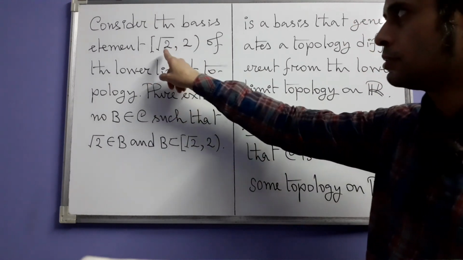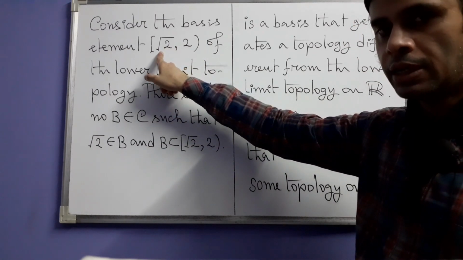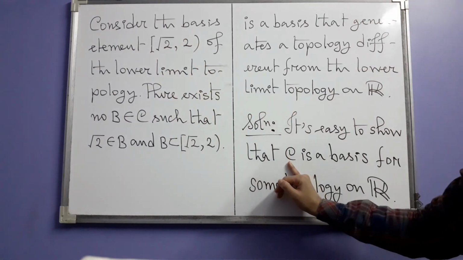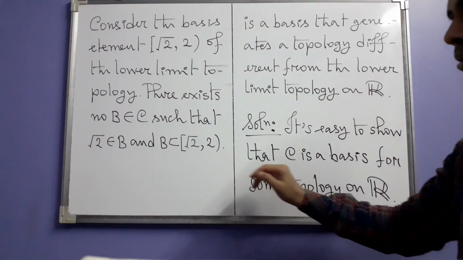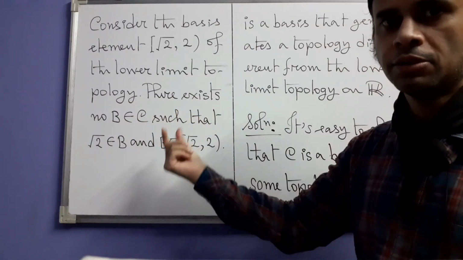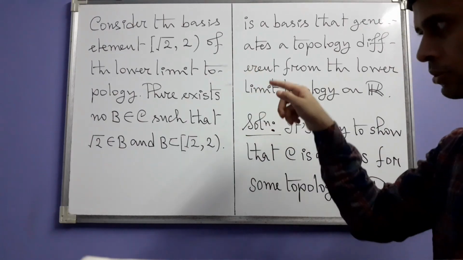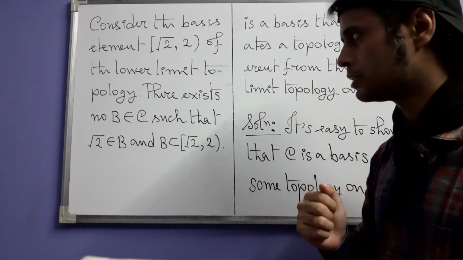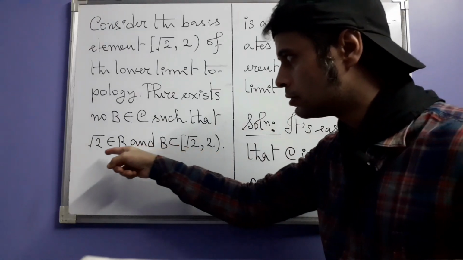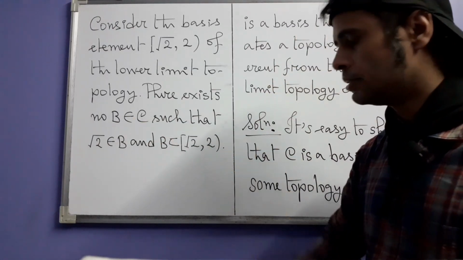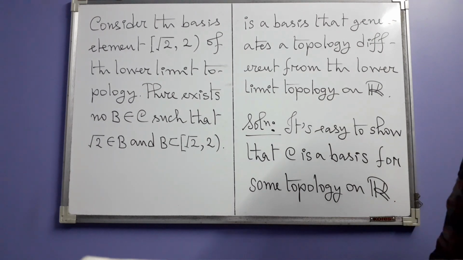Note that since the left boundary point is an irrational number, this is not in the collection C. And there exists no element B in C of that form, closed a, open b, where a and b are rational and a is less than b, which contains square root of 2 and which is itself contained in this. What is the reason for that?